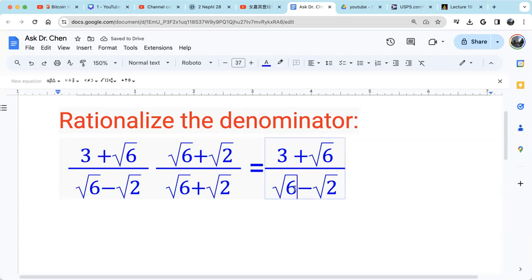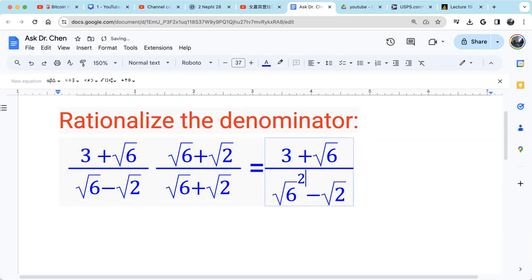So now I get the first one squared. So I get square root of 6 squared. I don't really need to put a parenthesis here. So I could put a square here. Let me try. Yeah, I have this one squared, right?